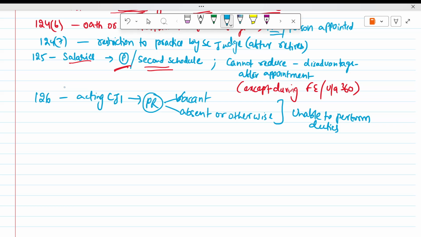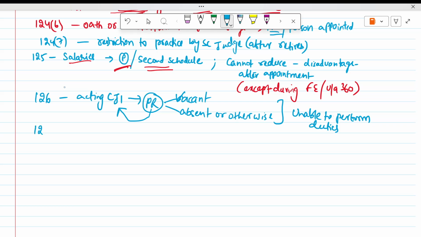Then the President can appoint an acting CJ from among the Supreme Court judges. There are a total of 34. For example, if the CJ is on leave, or has retired and nobody is appointed yet, the President can appoint one of the judges as acting CJ, who will act as CJ until the appointment of the CJ is done.